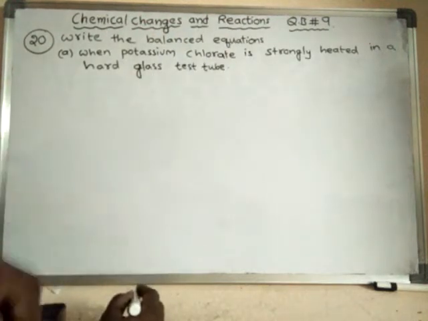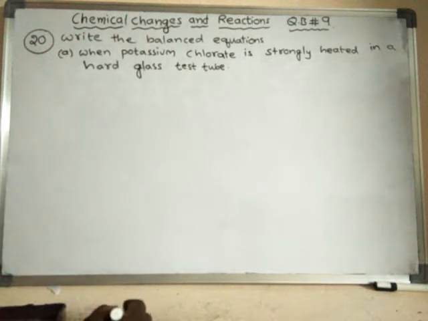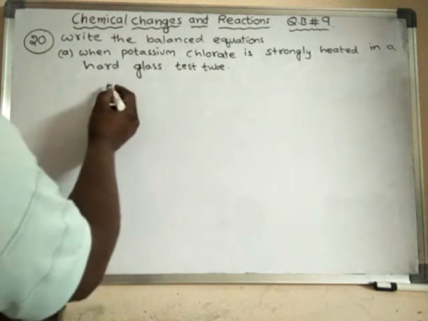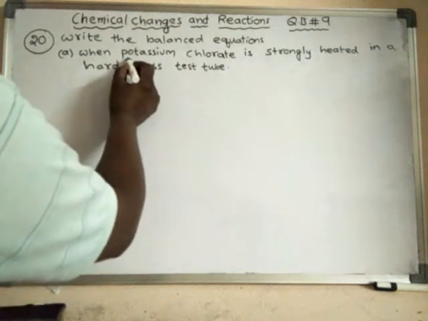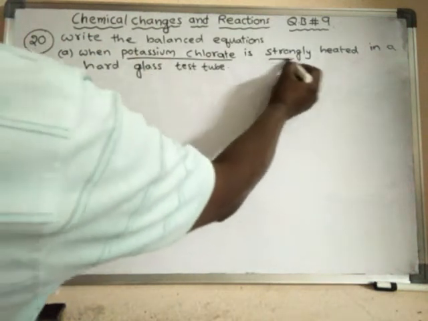For this we have to write a balanced chemical equation. So what is the reaction? Potassium chlorate is strongly heated.